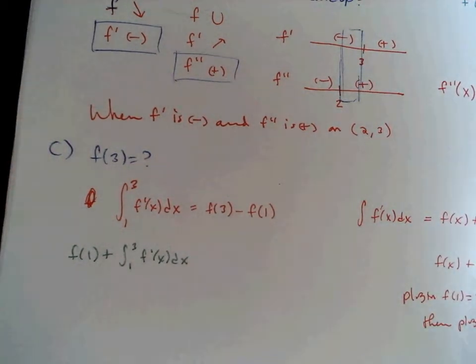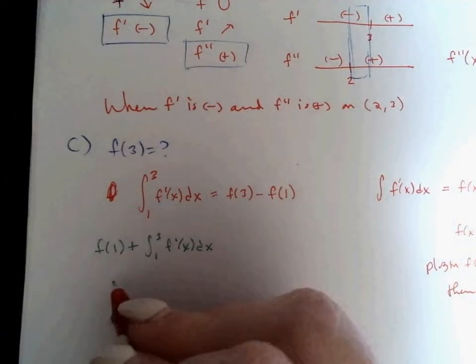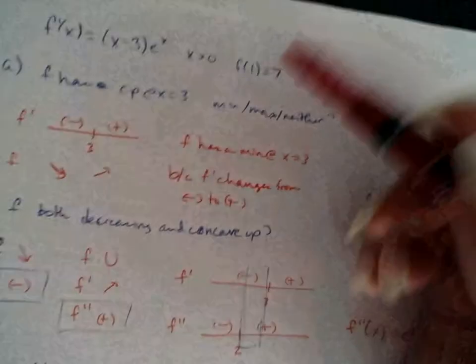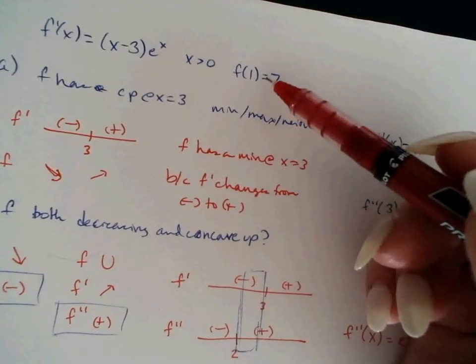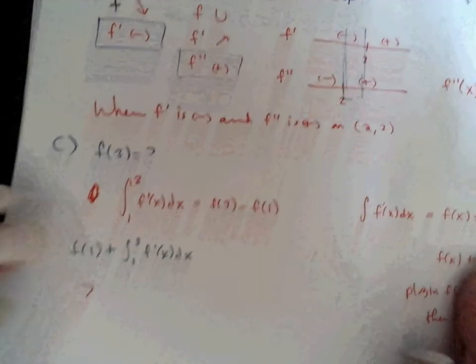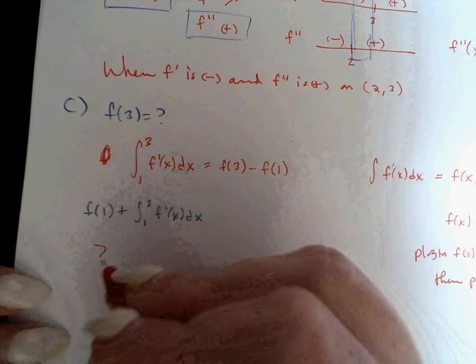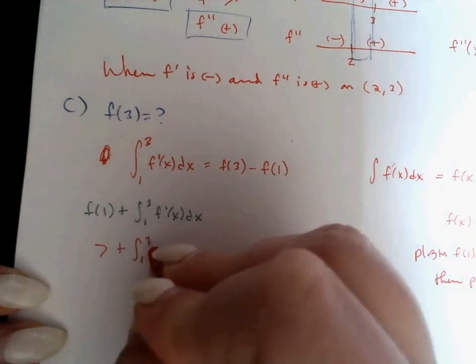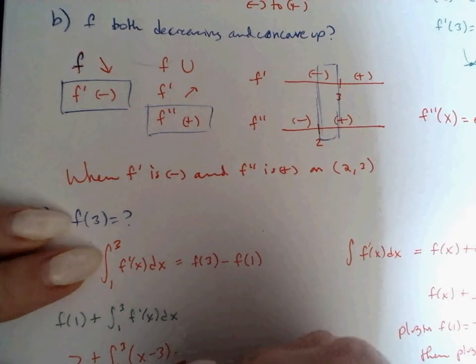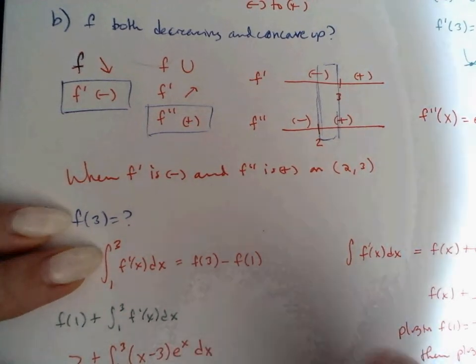So I'm going to do it this way, and then I will see what it would look like over there. Okay. So f of 1 is 7. And the reason why I did 1 to 3 is because that's a value I knew, f of 1, right? So that's going from a value I know to a value I don't. Plus the integral from 1 to 3 of f prime, which is x minus 3 e to the x, dx.